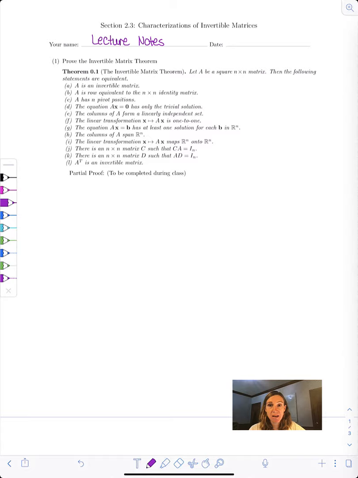So the way that we're going to do this proof is, first of all, we're going to prove that one thing implies another thing implies another thing, and so on.